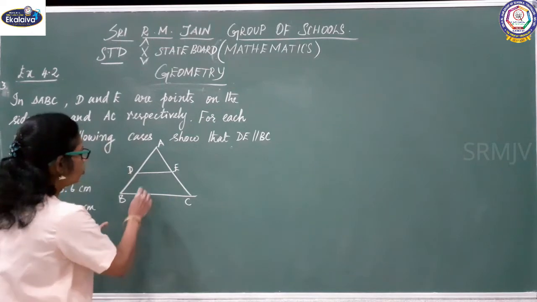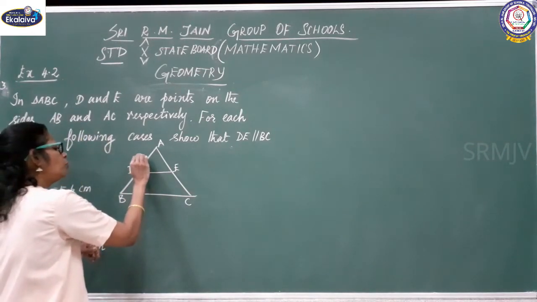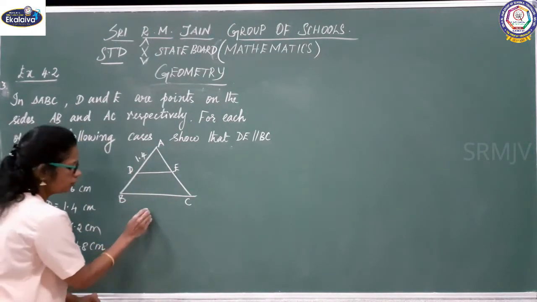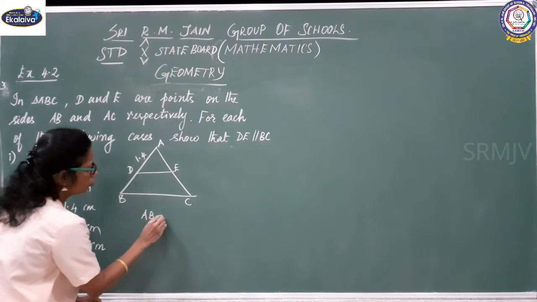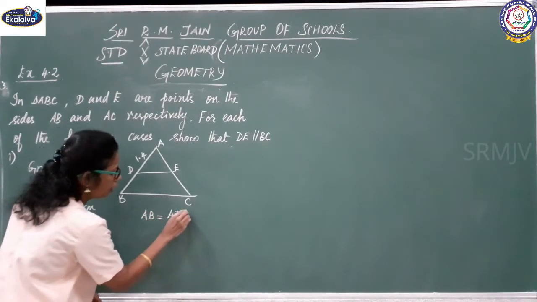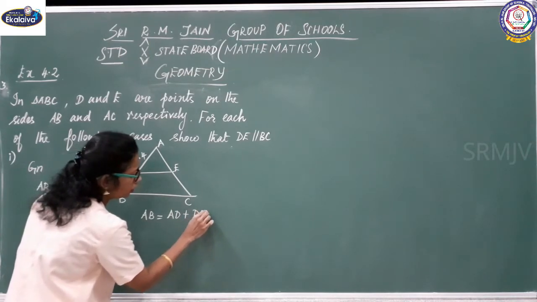Now you see AD equal to 1.4. AB equal to AD plus DB.